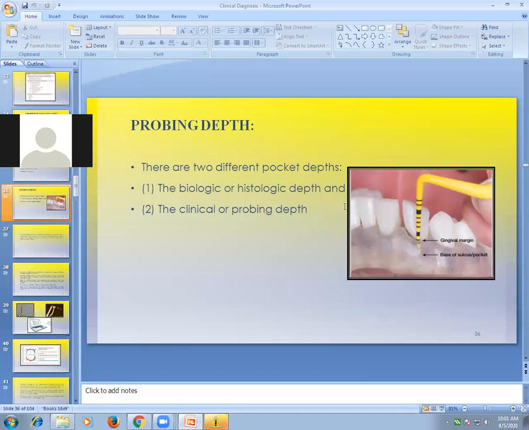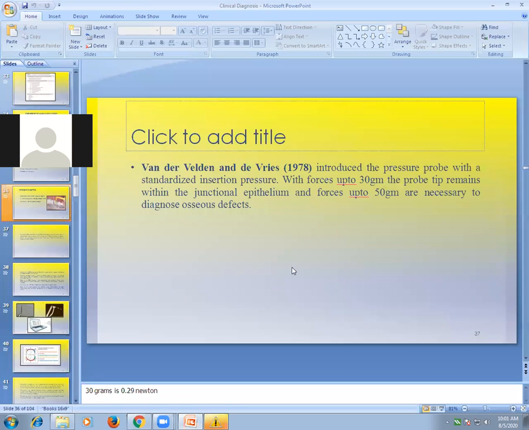But for histologic and biologic depth, you take a tissue sample and measure from the margin to the base of the sulcus or base of the pocket. So biologic and histologic is more accurate. But in clinic or in the OPD, we record the clinical or probing depth with the help of this instrument, which we call a probe. Got it?